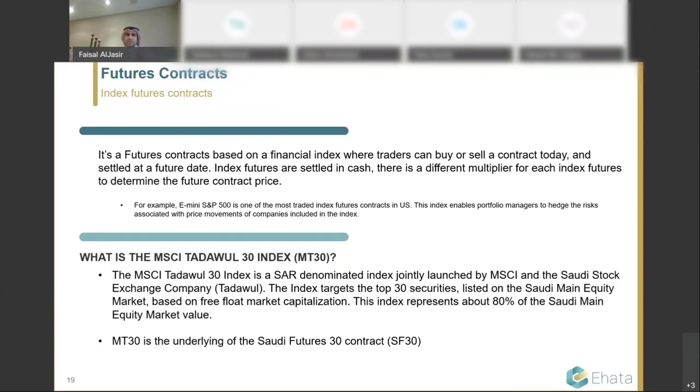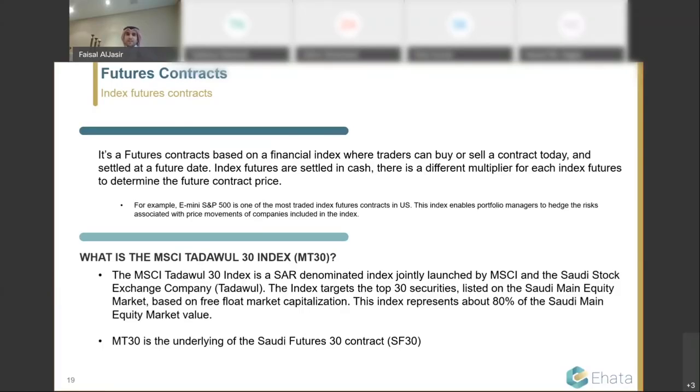But again, it's very important that we look at the stocks that constitute that index. This plays a factor on the future that we are looking at or analyzing.